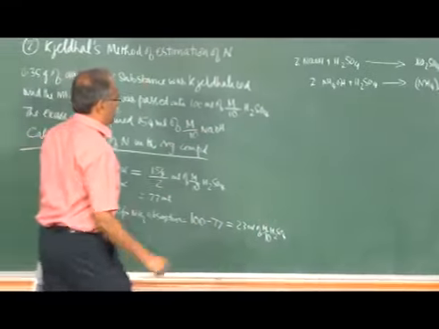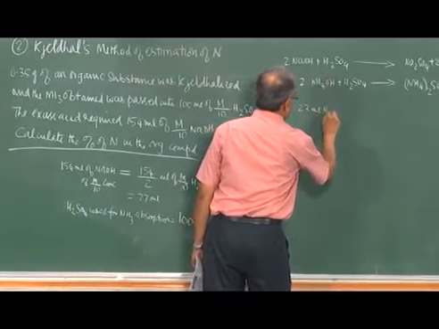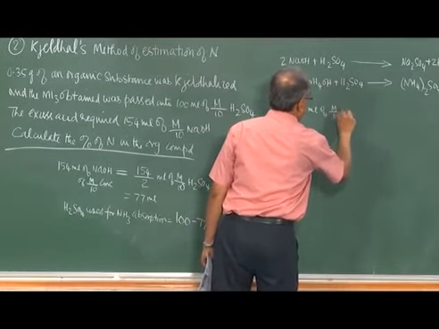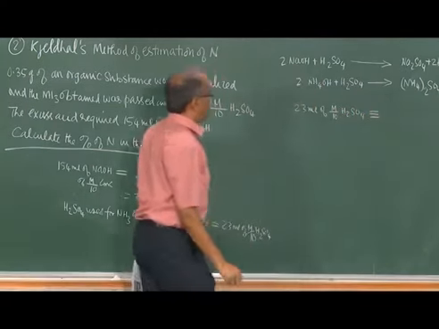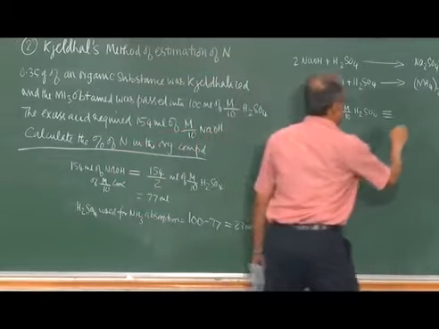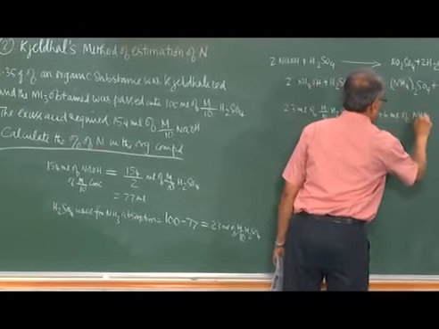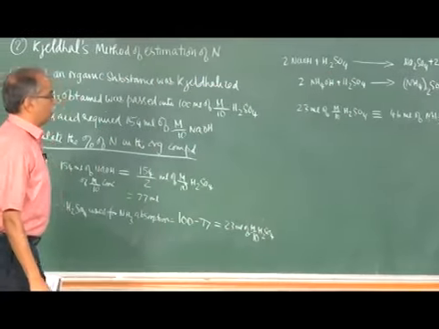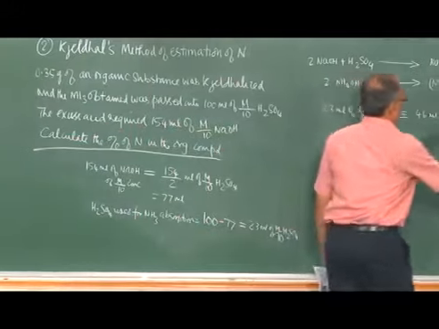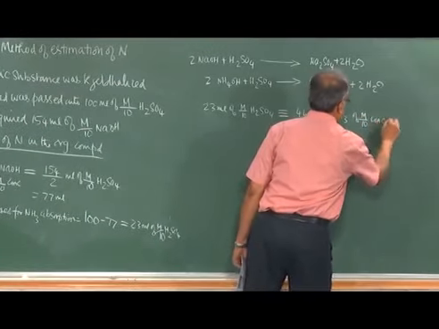So, the 23 ml of M/10 sulfuric acid is equal to 46 milliliters of ammonia of M/10 concentration. The same concentration has to be maintained here.